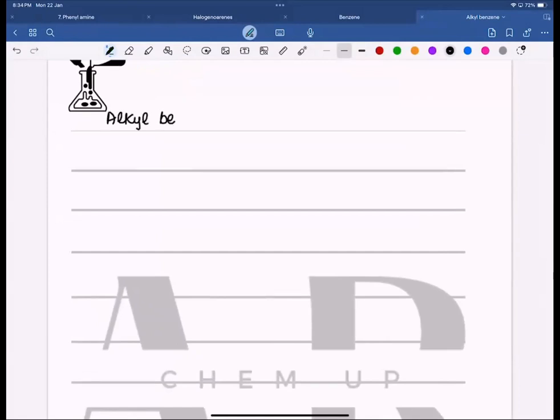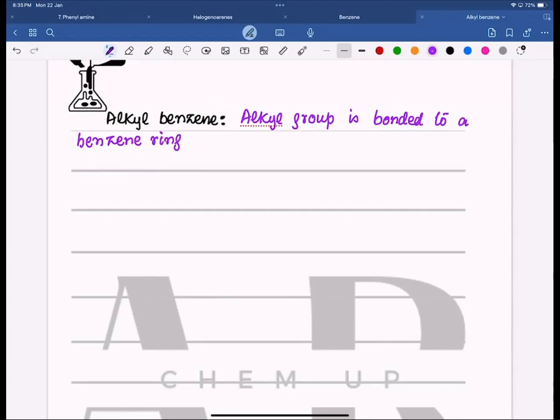So here we have alkyl benzene. So what happens in alkyl benzene? An alkyl group is bonded to a benzene ring.